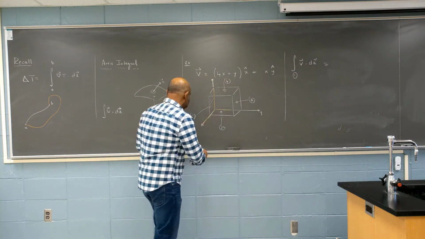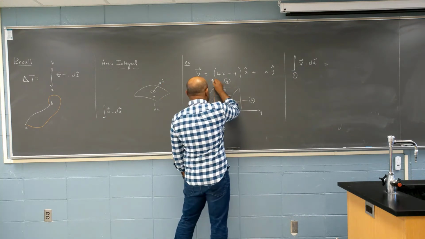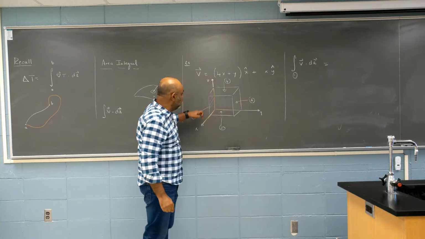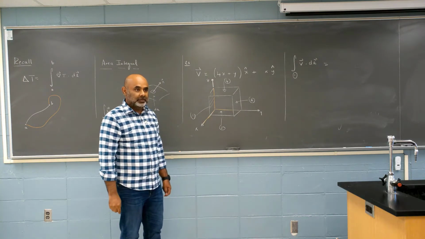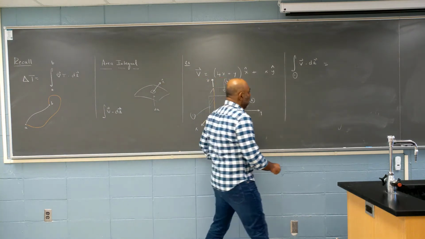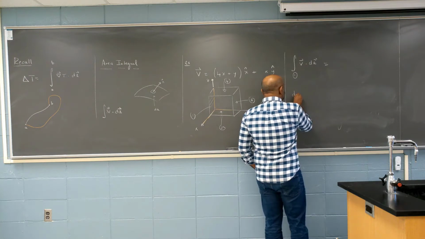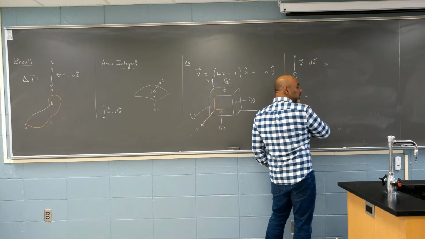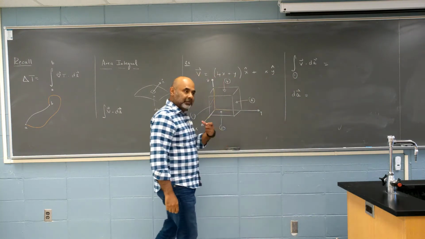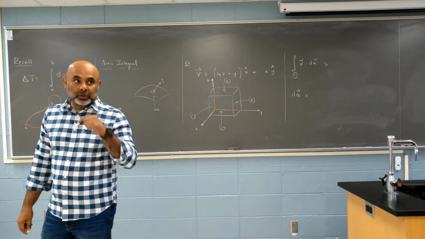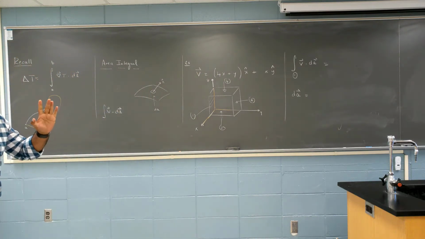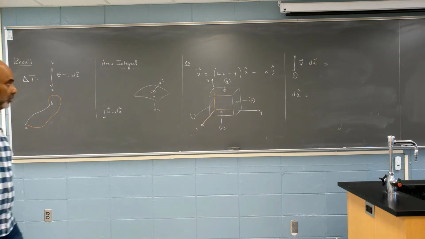this face. So this is in the XZ plane. What is my area vector? Tell me the differential and then tell me the outward normal. Let's pick the easy one first. Let's pick the outward normal. Negative y hat. Very good.